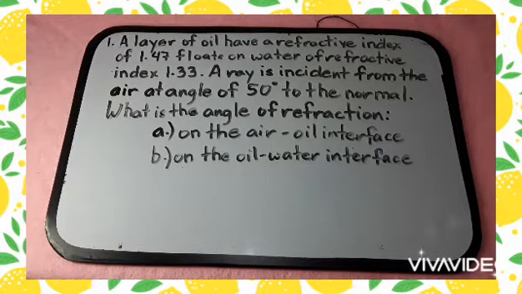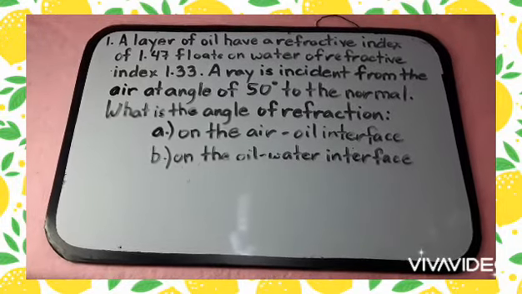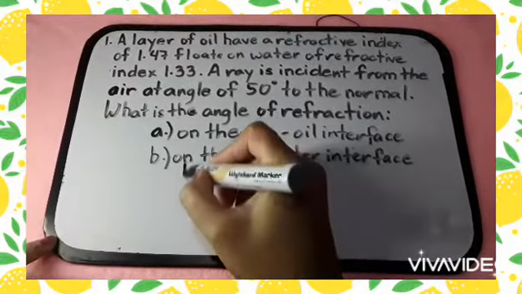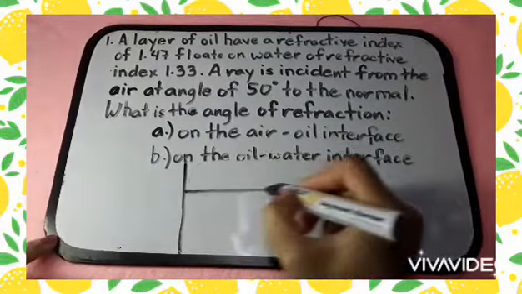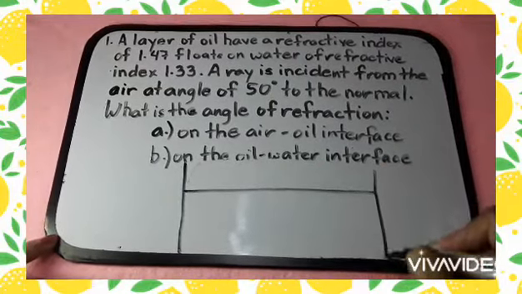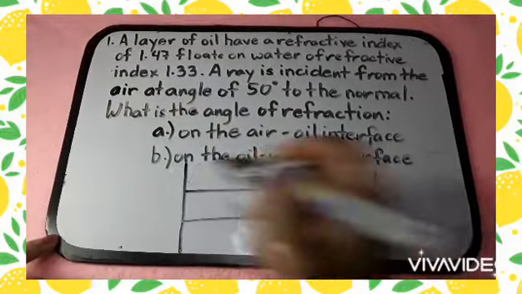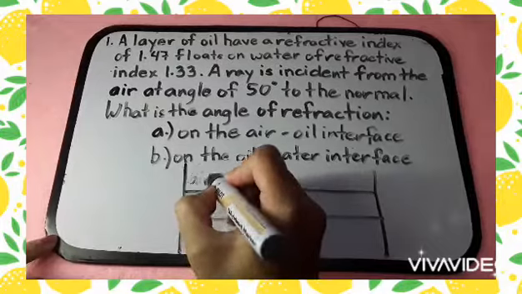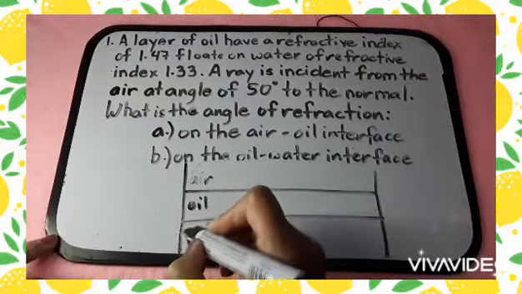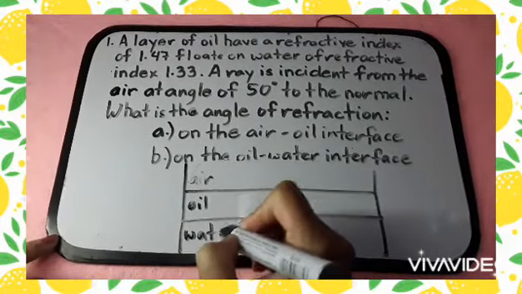First, let's illustrate this one for us to easily understand what is going on in this problem. Okay, let's create a 3-layer medium. This is for the air, oil, and lastly, water.